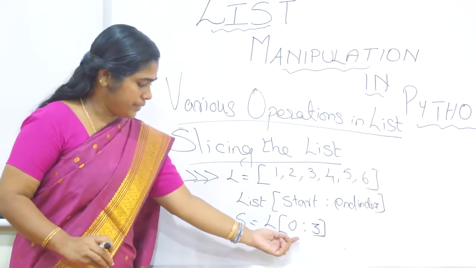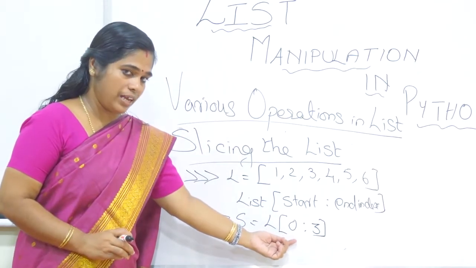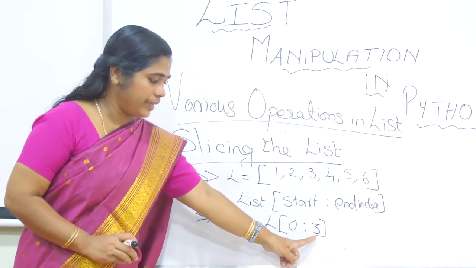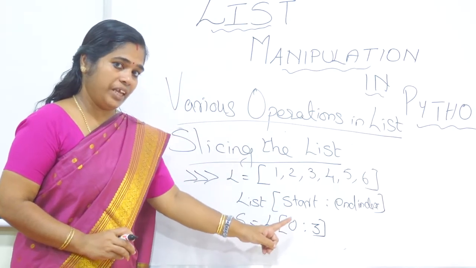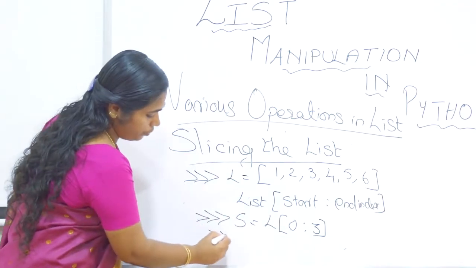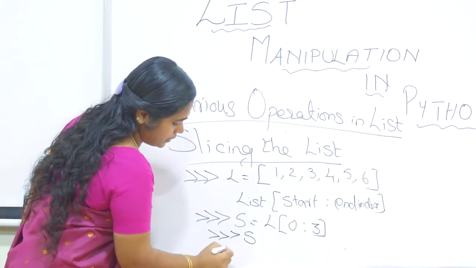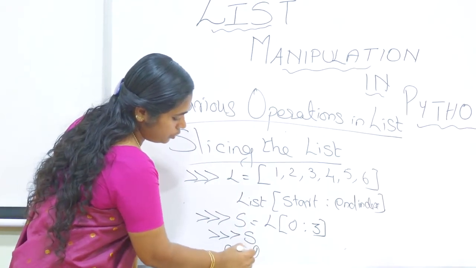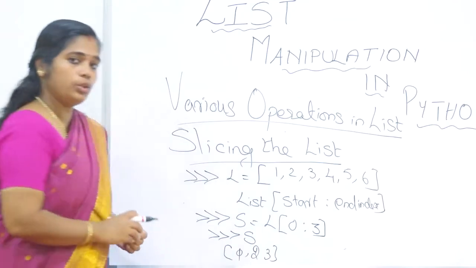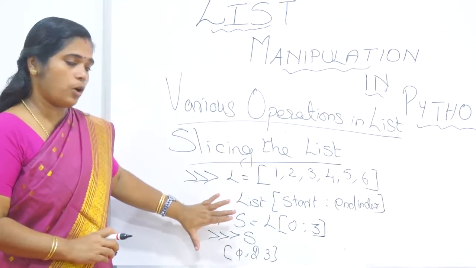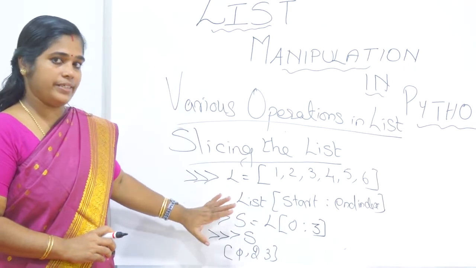So this slicing retrieves the values from 0 up to end index minus 1. So S consists of 0, 1, 2 and then 3. So 3 elements inside the S. This type of process is called slicing.